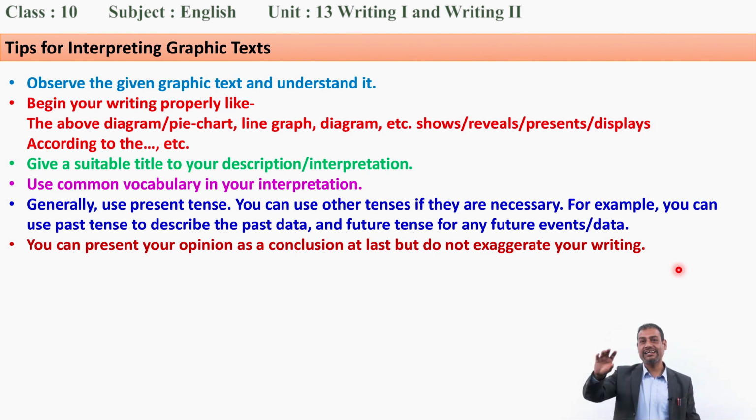It means do not write unnecessary things. Don't write many more things than the necessity. So just based on the graphic text, what is necessary within 1 or 2 lines, that is what you have to give as conclusion. But don't write whatever you like. Don't write more and more, so that does not sound good. So have you got it?